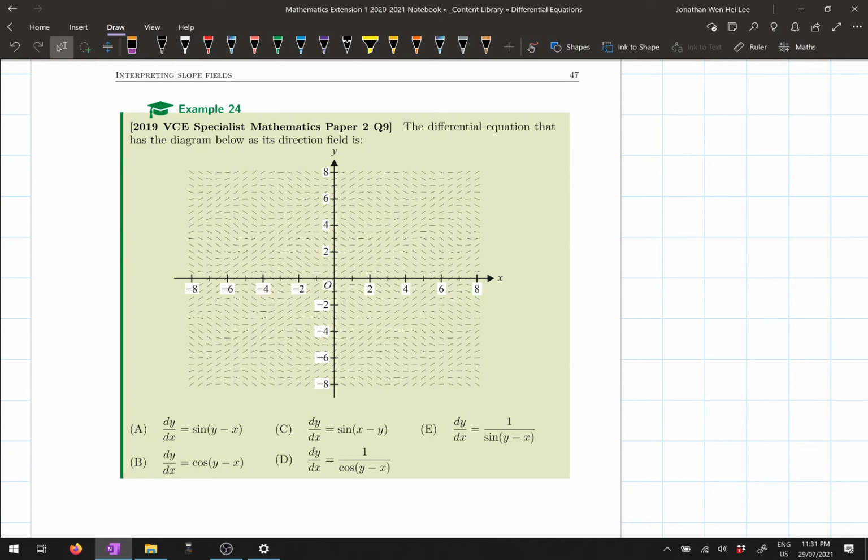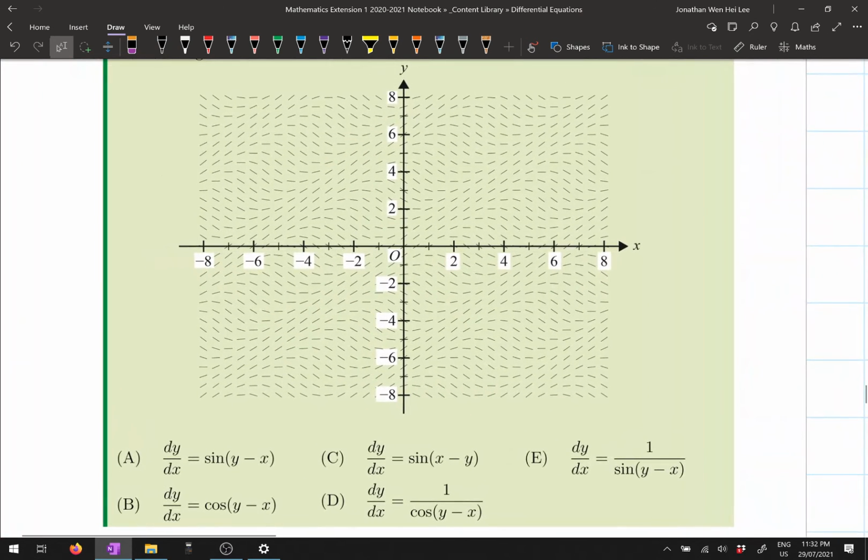The differential equation that has a diagram below as its differential field is... Okay, so here it's looking hella trippy. It kind of looks like one of those eye trick designs, but let's have a look at what we've got here. What you notice is, if you look at all of our possible solutions, they're dealing with trig functions here.